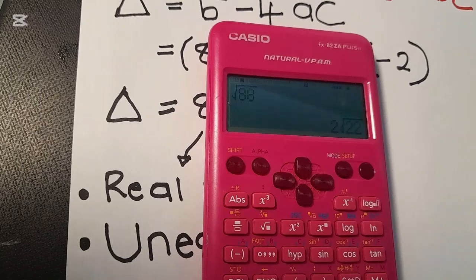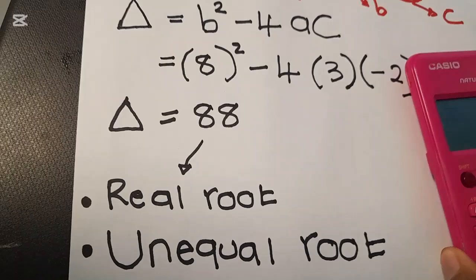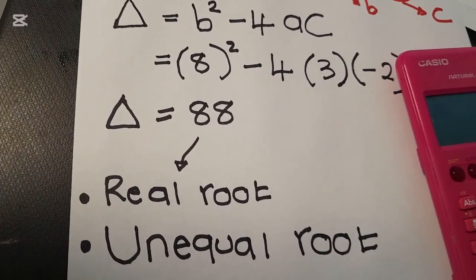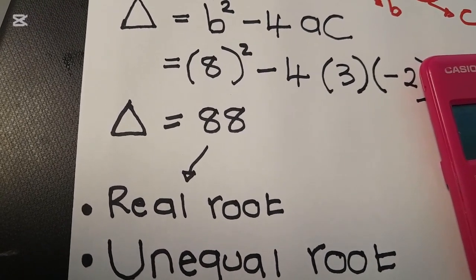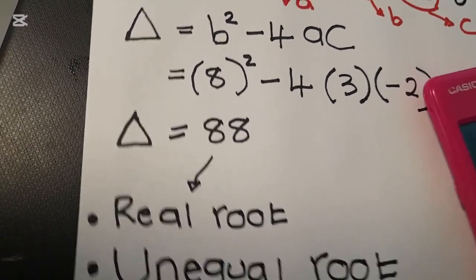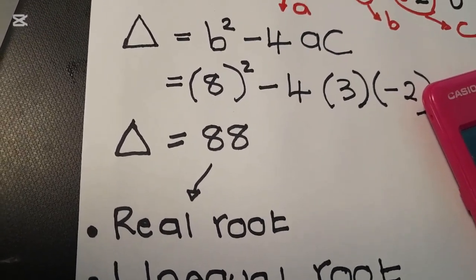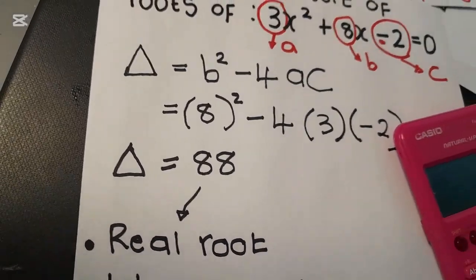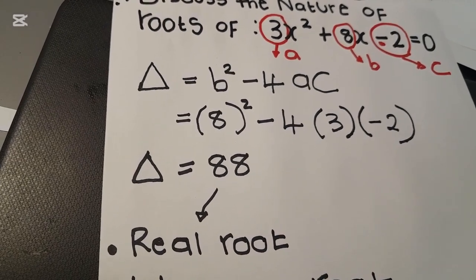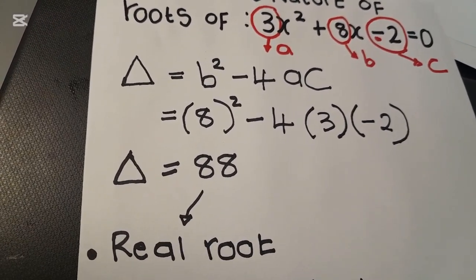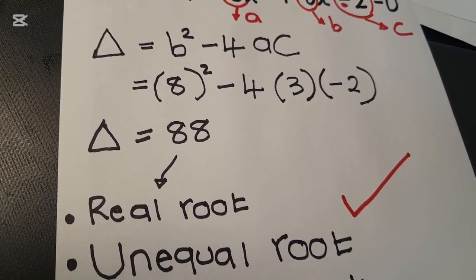Square root of 88 is equal to, oh, this is not a perfect square, obviously. So we already know that our root is going to be irrational. Irrational root. And just like that, you've discussed the nature of roots of the equation 3x squared plus 8x minus 2 is equal to 0. You are done.